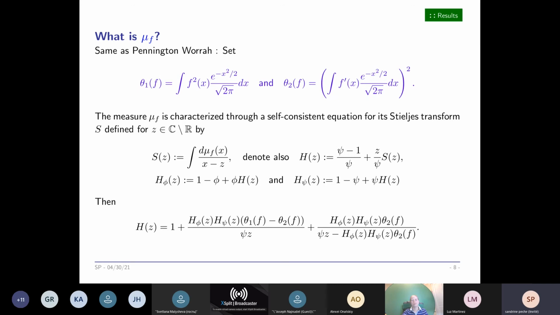So actually, we can characterize the limiting distribution mu f using this equation. But let me turn to the next slide.